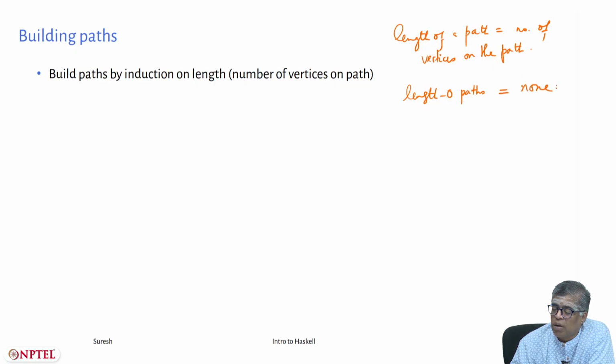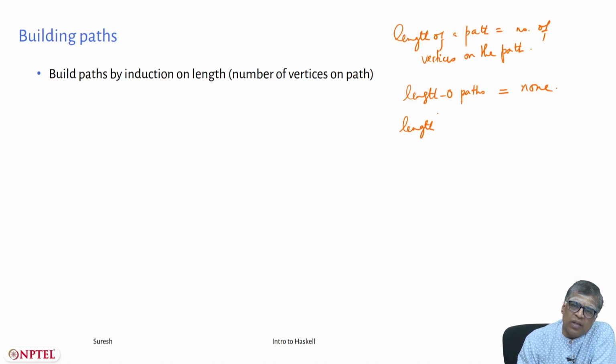None, right? Because a path should have at least one vertex in it. It might have one vertex alone without any edge, but at least it must have one vertex. So length 0 paths are none. Length n plus 1 paths you can figure out, right? So how do you build a length n plus 1 path? Build a length n path and try to extend it in all possible manners.